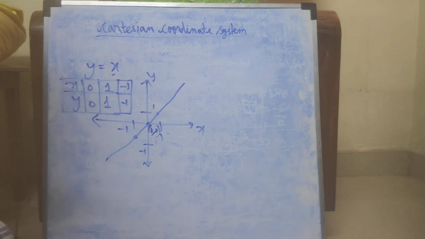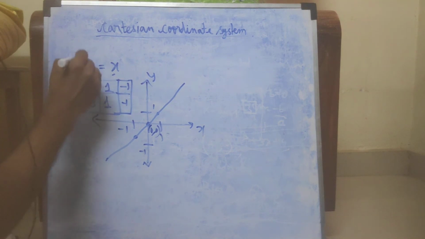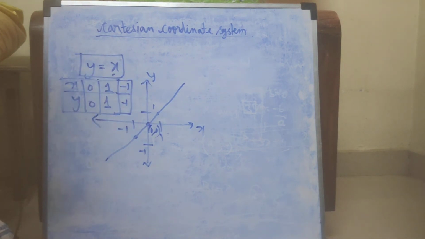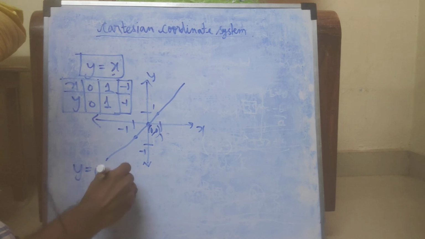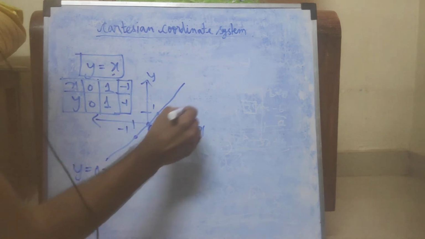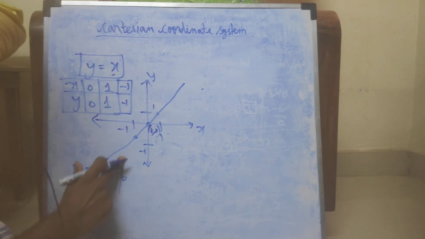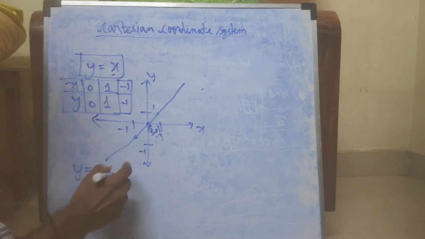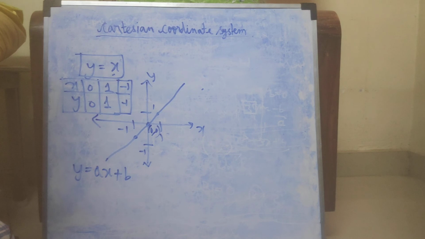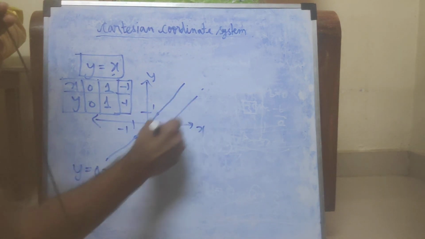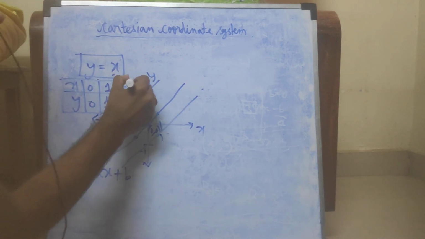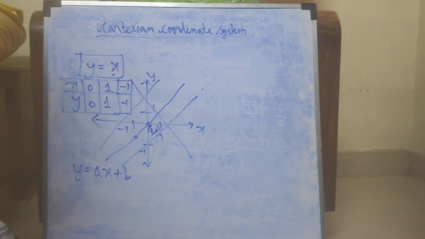Any linear equation of the form y is equal to ax plus b will be a straight line, but it may or may not pass through the origin. Like this straight line may be like this or like this, any such straight line.